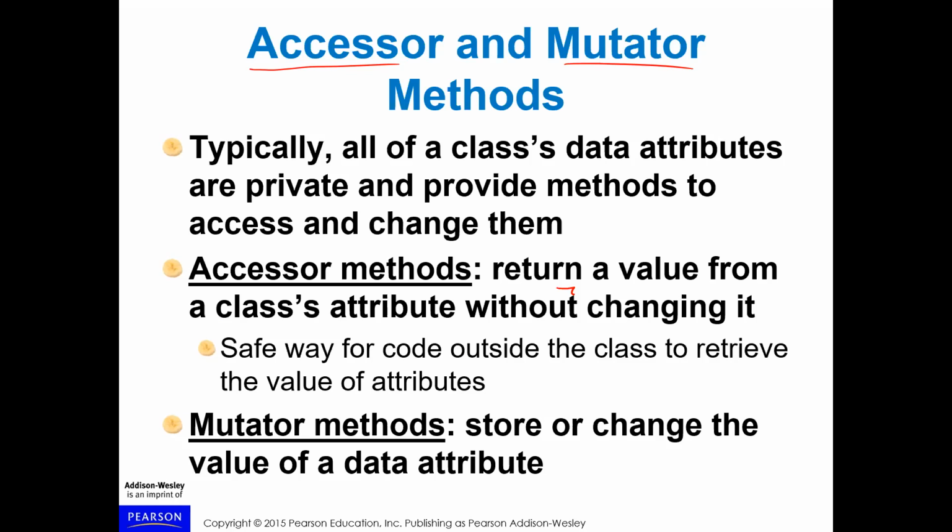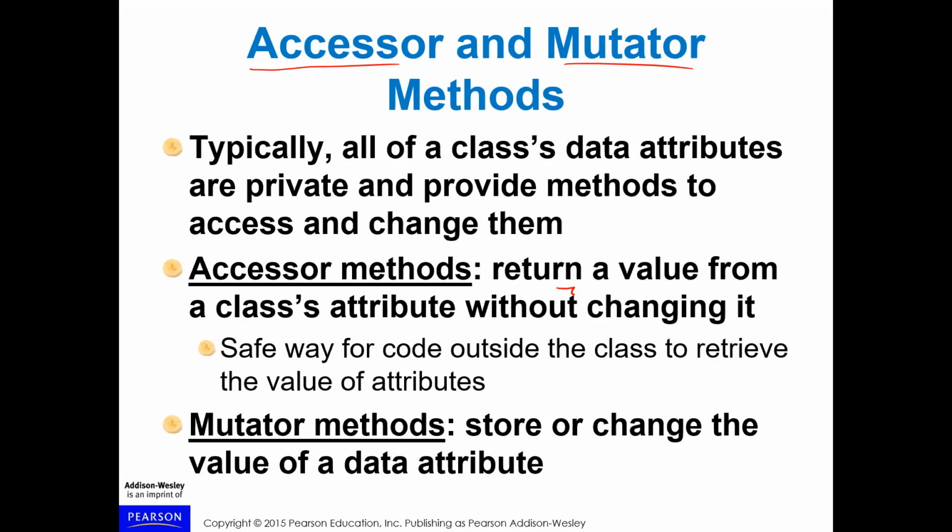When you have private variables, those with the two little underscores, whenever you want to modify or view them, you create methods. Those methods can have any name you want, but usually they are referred to as accessor and mutator methods. Typically, all of a class's data attributes are private and provide methods to access and change them.